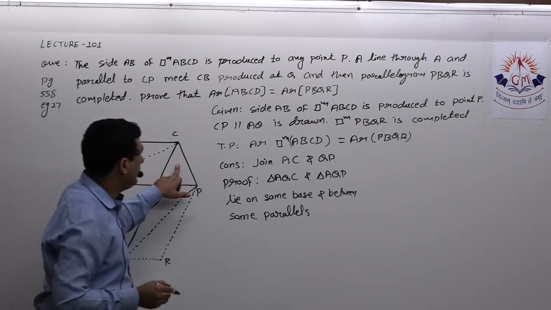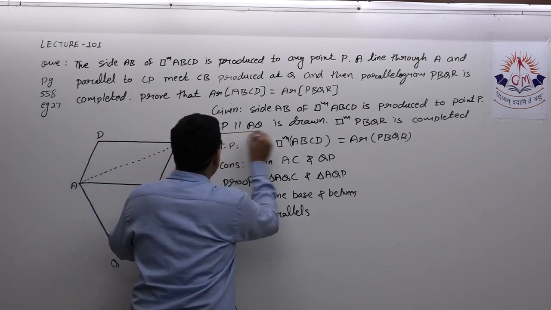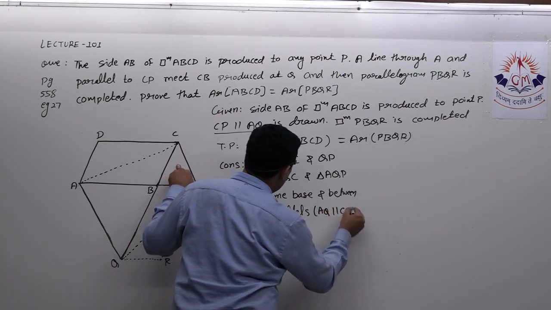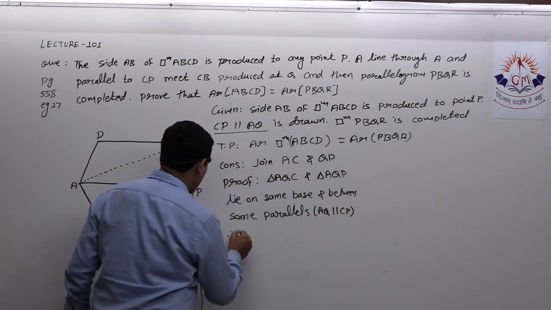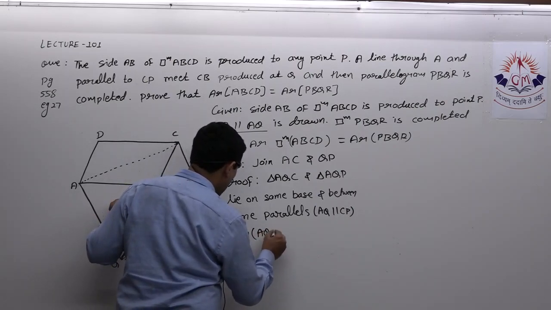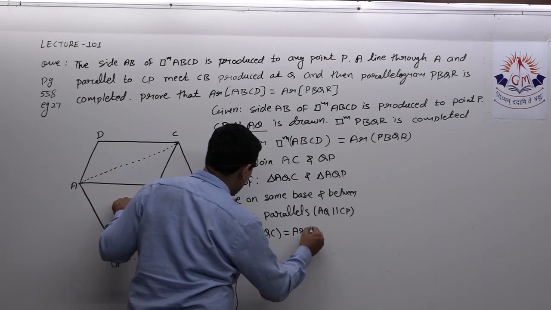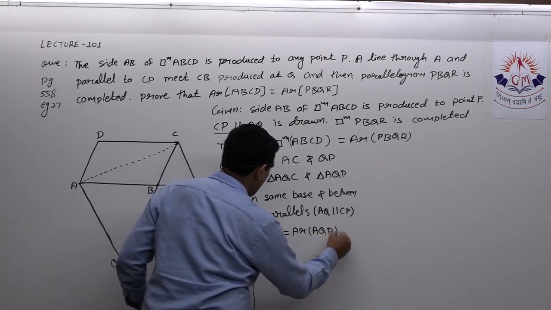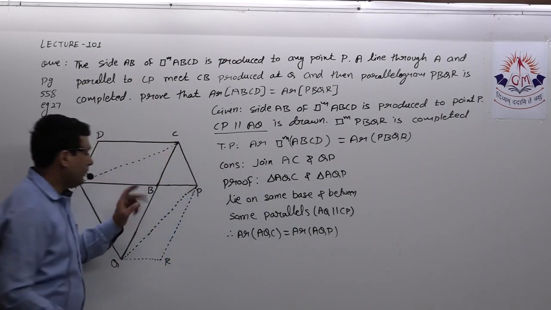It is given AQ and CP are parallel. Therefore I can write area triangle AQC is equal to area AQP.